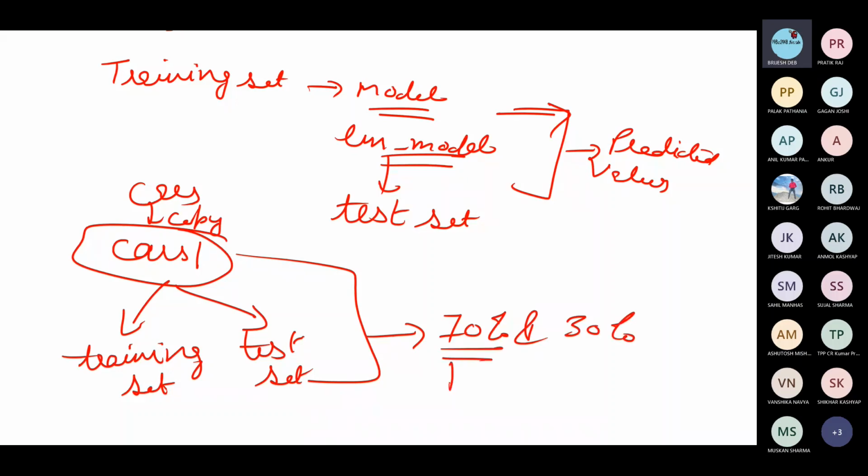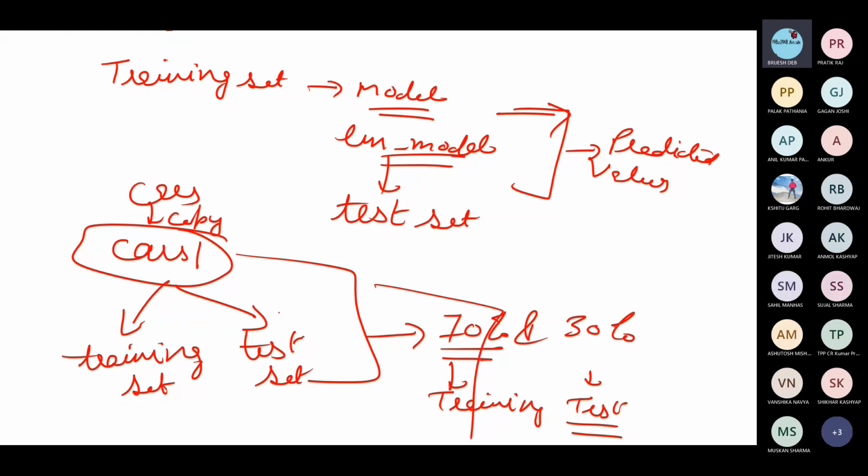70% we will keep as training data and 30% we will keep as test data, because we always say if the knowledge base is strong, if much of the data is available, then more accurate predictions can be done. So that's why we will use 70% of the data.